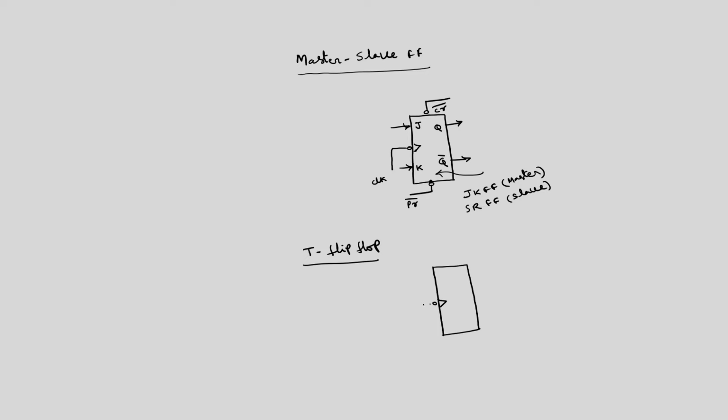This is clock. If I connect the J and K terminals together, this is J, this is K, that common point you can call T, with outputs Q, Q complement. This is the block diagram of the T flip flop.